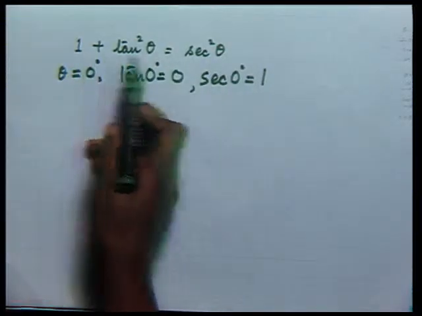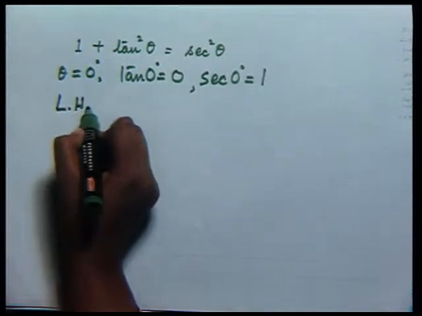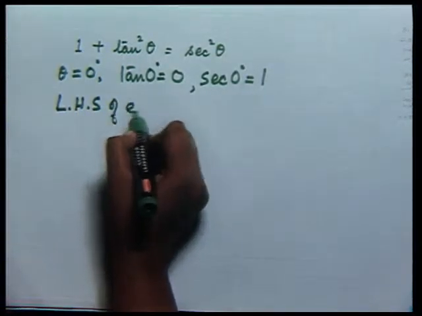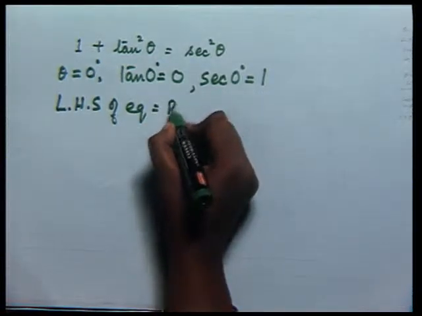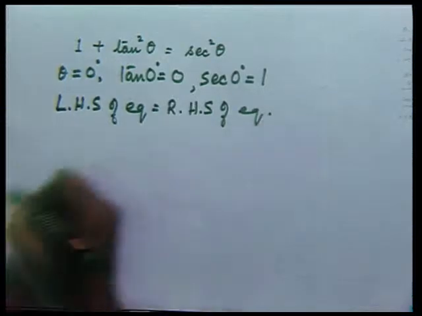Therefore, putting these values here, we find that for theta equal to 0 degree, the left hand side of the equation is equal to the right hand side of the equation.